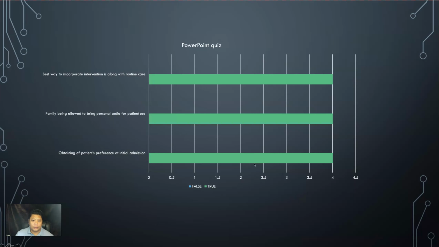It's a true or false. Everybody said true. For the second one, family being allowed to bring personal audio for patient use, all 4 participants answered true, and obtaining a patient's preference at initial admission, which is true, and everybody was correct.